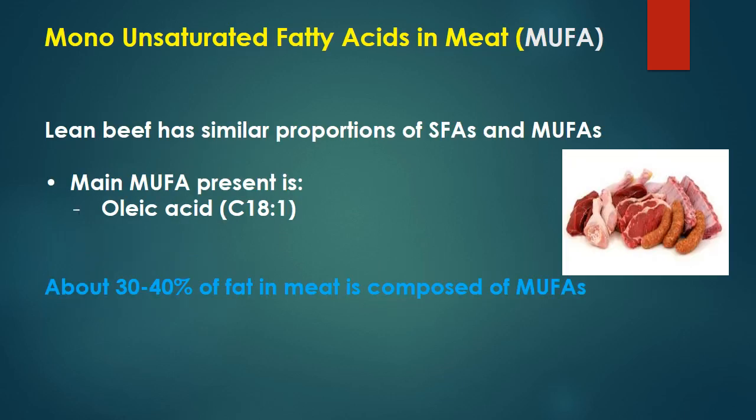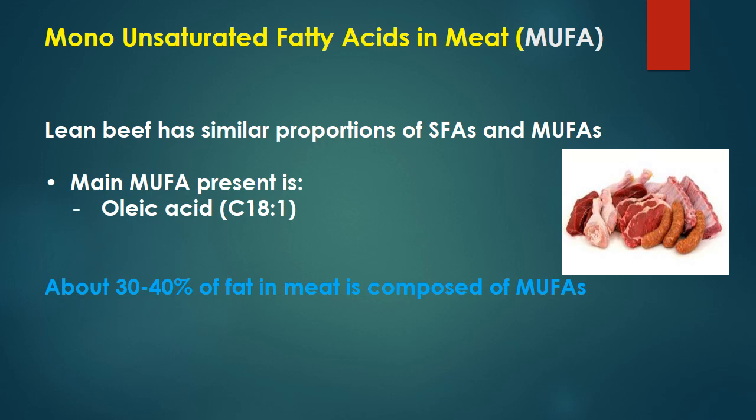In continuation about the meat lipids and their nature, the next most common is monounsaturated fatty acids, most commonly called MUFA. Here the lean beef has similar proportions of saturated fatty acid and monounsaturated fatty acid. So in the case of beef, if it is lean, that is the surface fat and the depot fat are removed, then the lean muscle will have almost similar amounts of saturated fatty acid and MUFA.